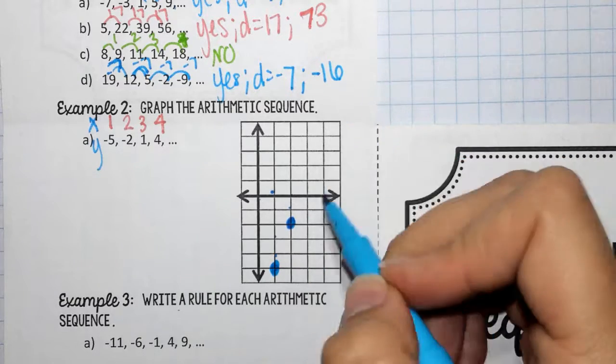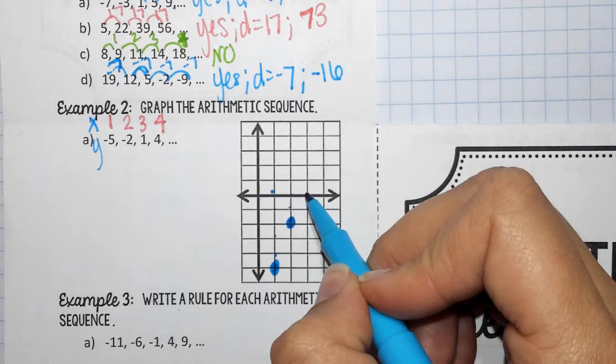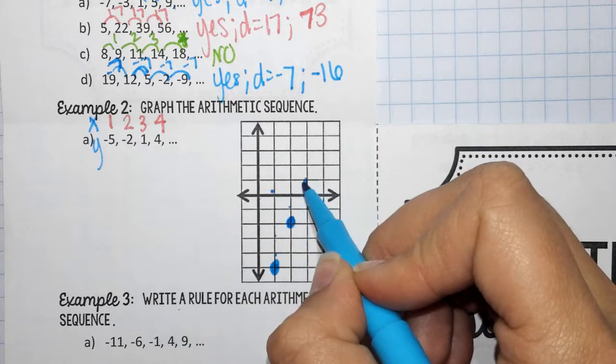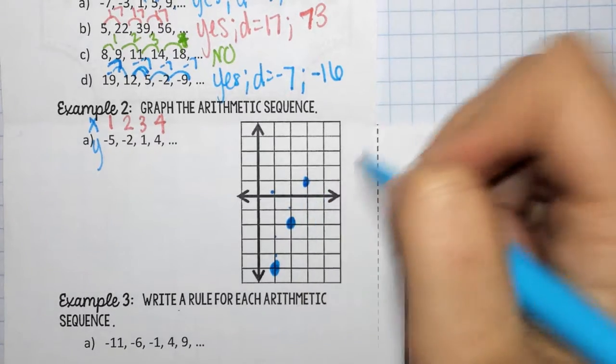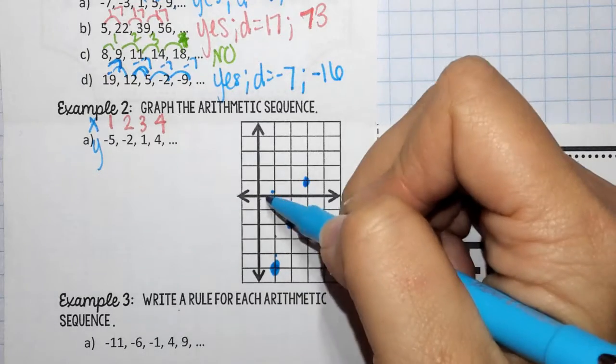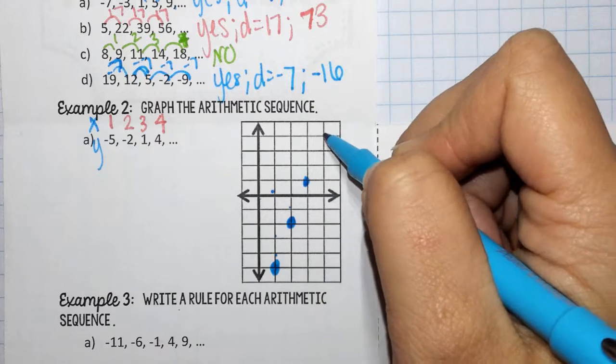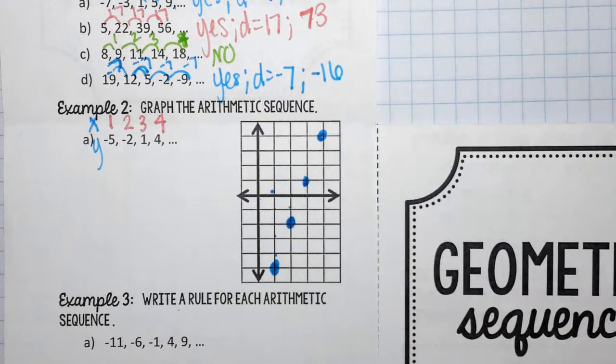You got 3, 1. You go right 3, and then up 1. And then to get to 4, 4, what do we do? Go right 4, up 4. 4, 4. No, we don't draw a line.